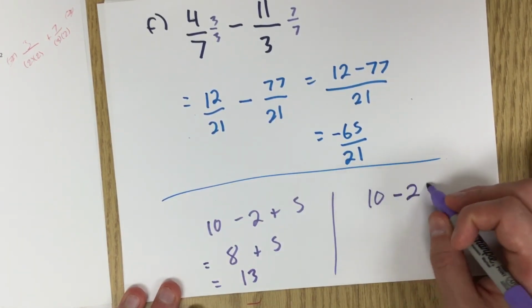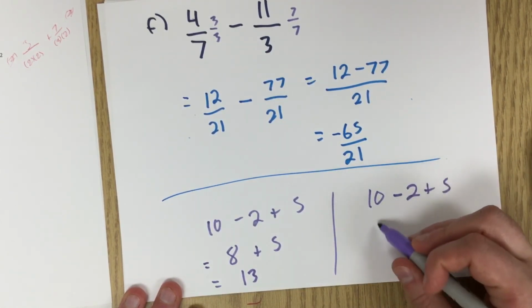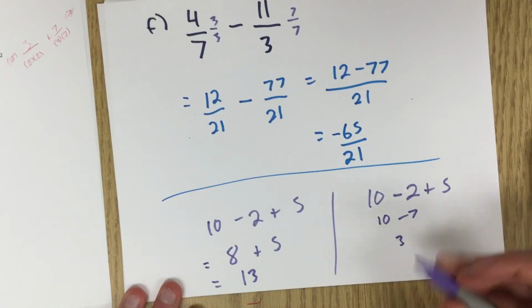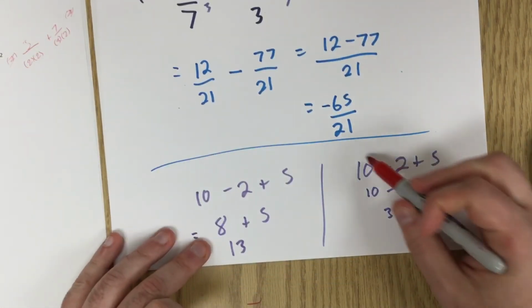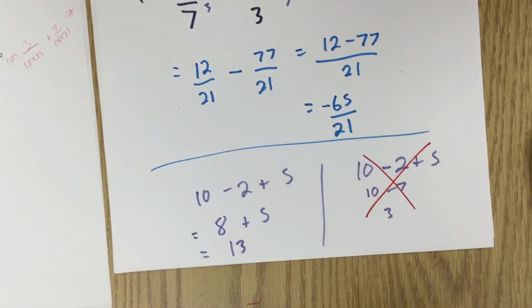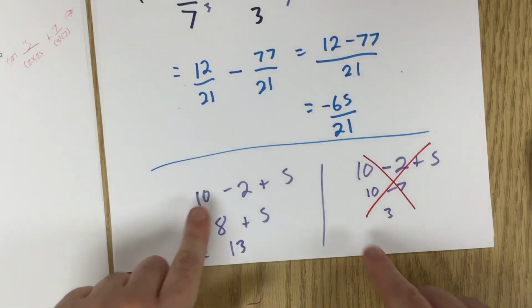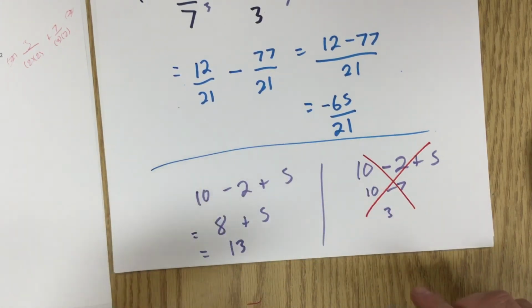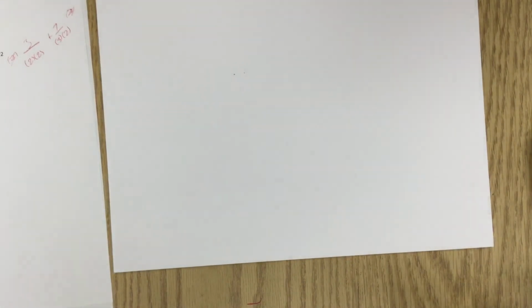Note that if you did something foolish like doing 2 plus 5, which is 7, and then 10 minus 7, this would be, of course, horrifically wrong. But this is the way we're going to do it. Technically, you could go minus 2 plus 5 is 3, and then 10 plus 3 is 13. That would also work.